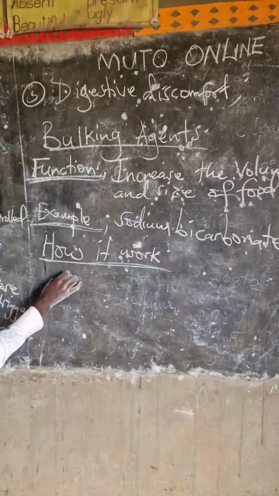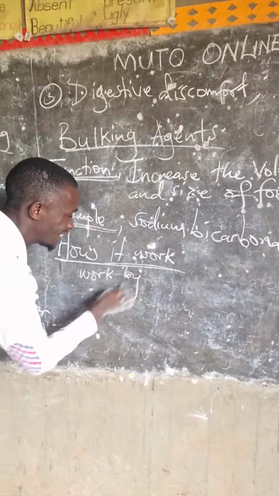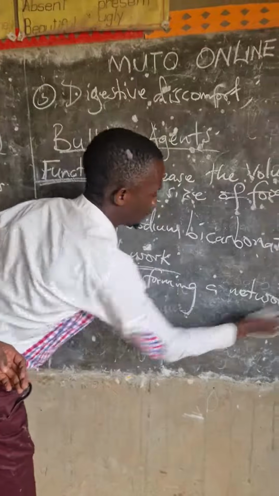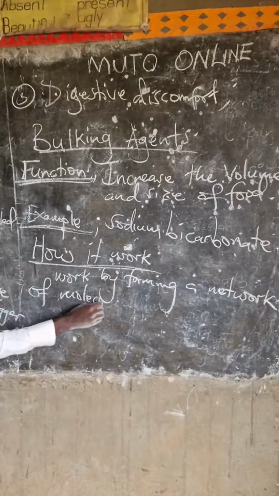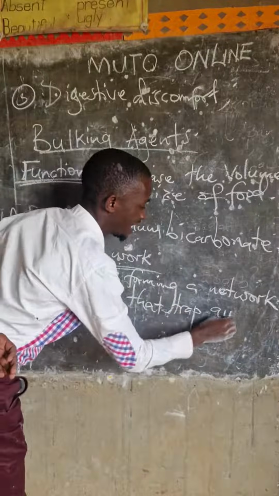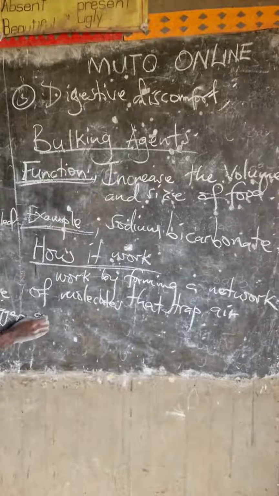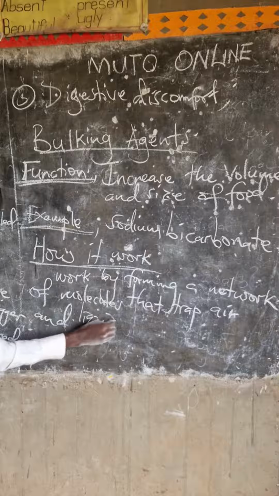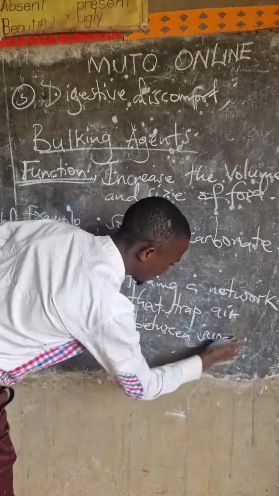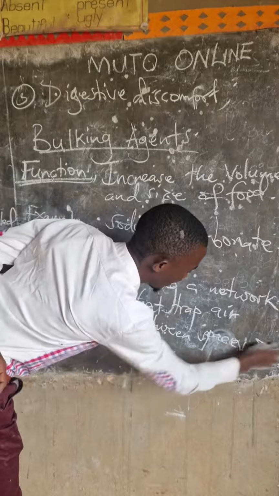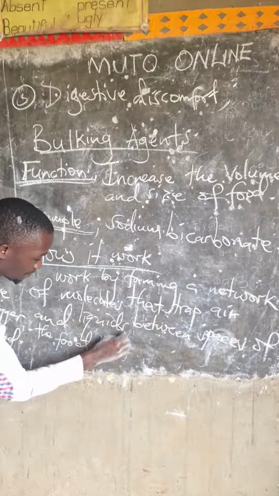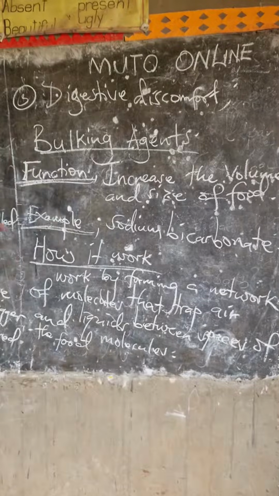So these ones work by forming a network of molecules that trap air and liquids between the spaces of the food molecules, increasing the size of the food.